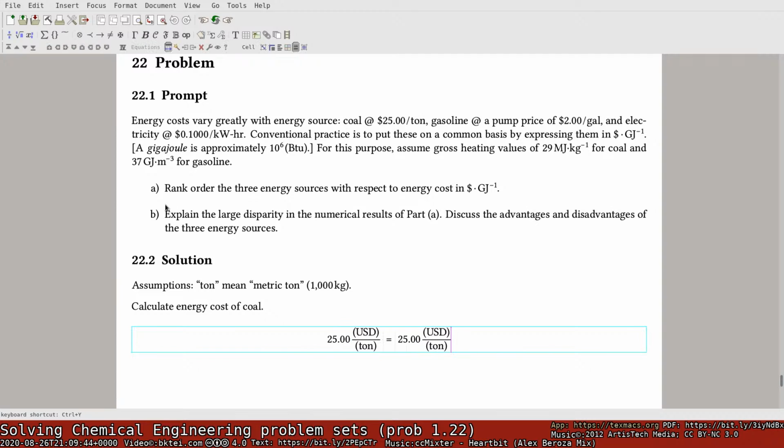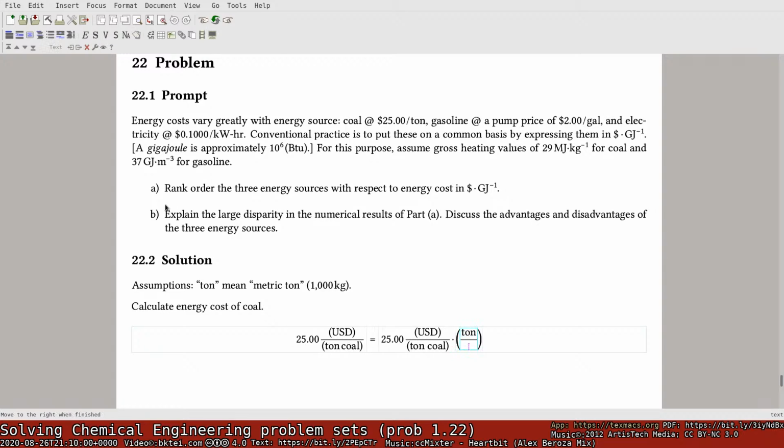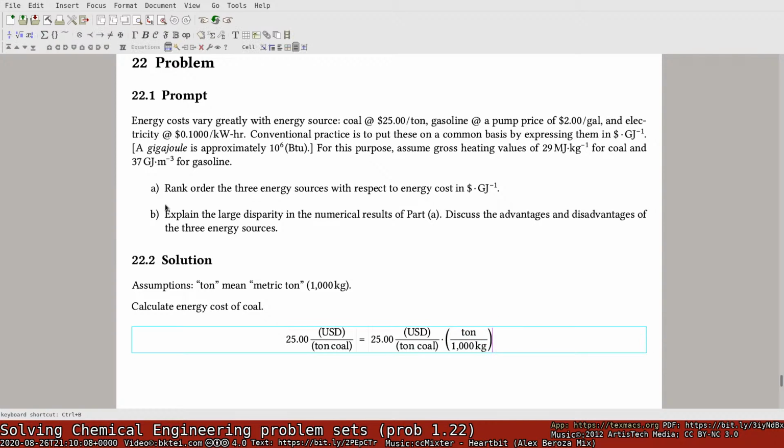All right, so we need to do 1 ton of coal. For every ton, you have 1,000 kilograms of coal.